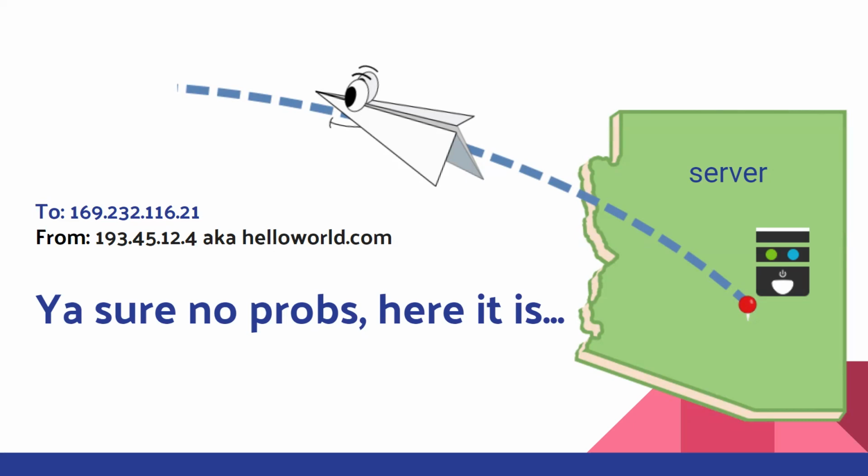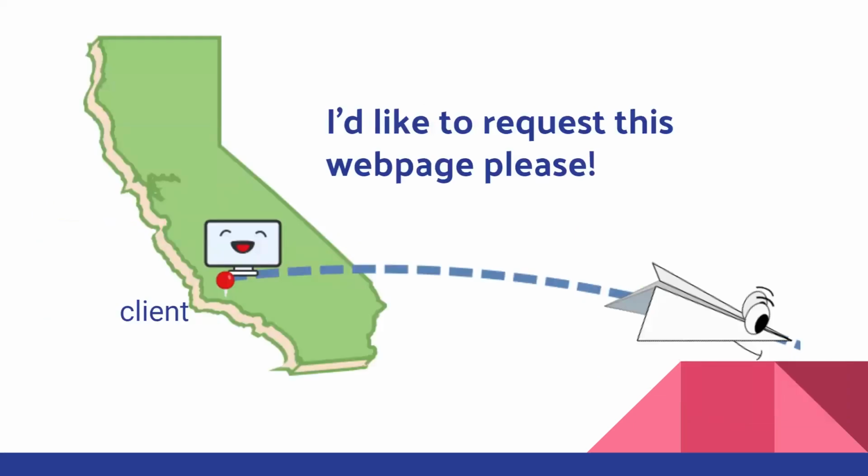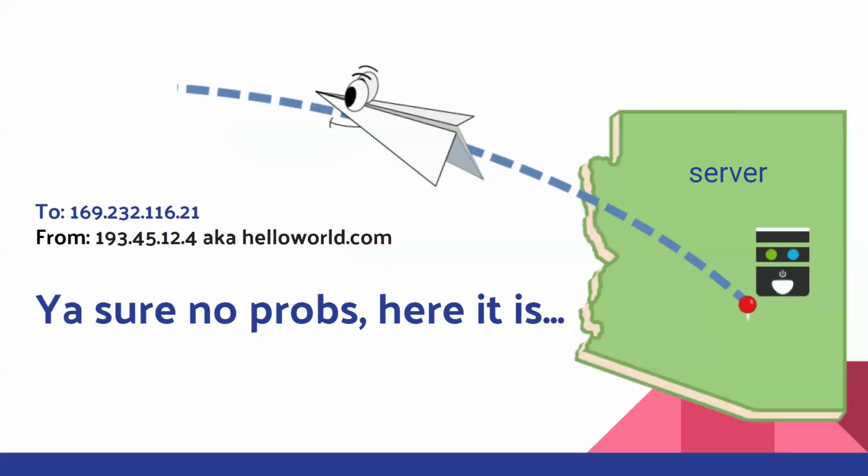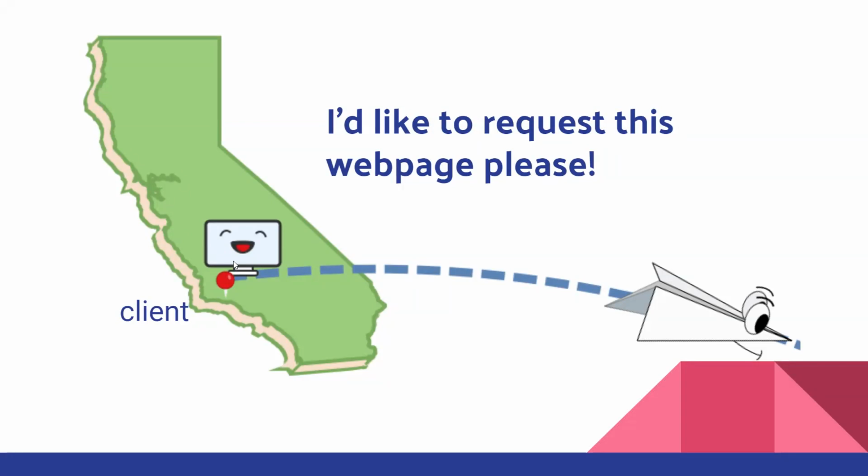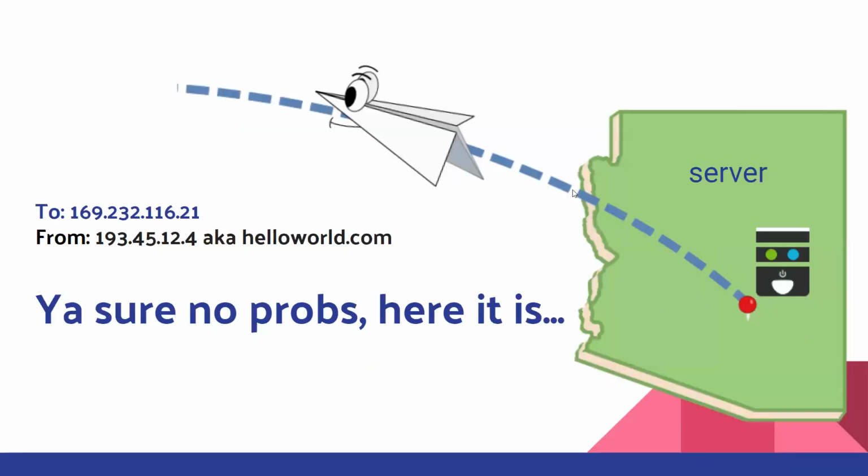So the conclusion is, once we enter a URL or a domain name, the request goes to the server, and the server sends a response back to the client. We are sending something, it goes to the server, and the server sends the response to the client.